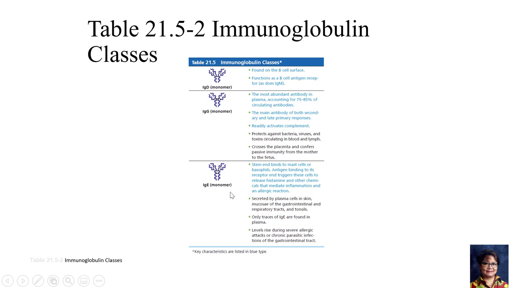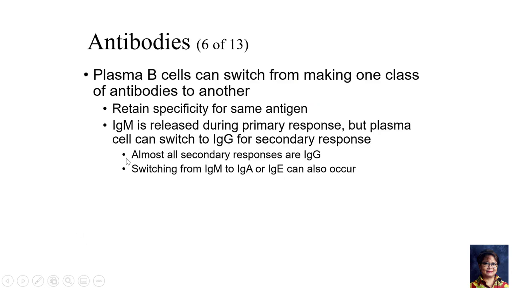So the IgE is secreted mostly by plasma cells in the skin and the mucosa of the gastrointestinal tract, and the level of immunoglobulin E rises in severe allergic attack or chronic parasitic infection of the gastrointestinal tract.